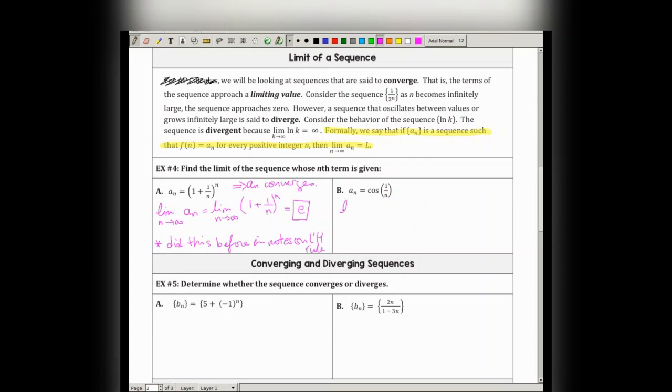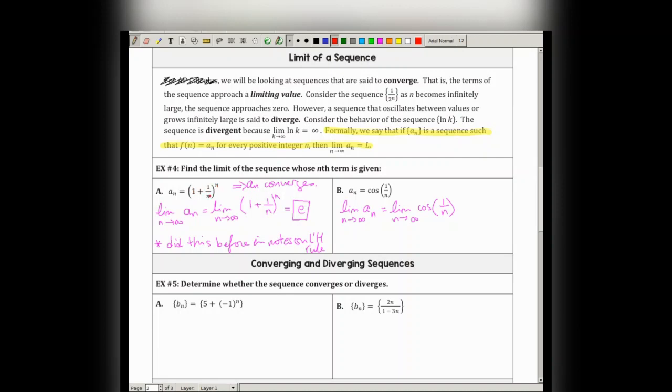The limit as n goes to infinity of a sub n of cosine of 1 over n. Well, this is going to approach 0. Yes, we found it by using L'Hopital's rule, by setting y equal 1 plus 1 over x to the power x, right?